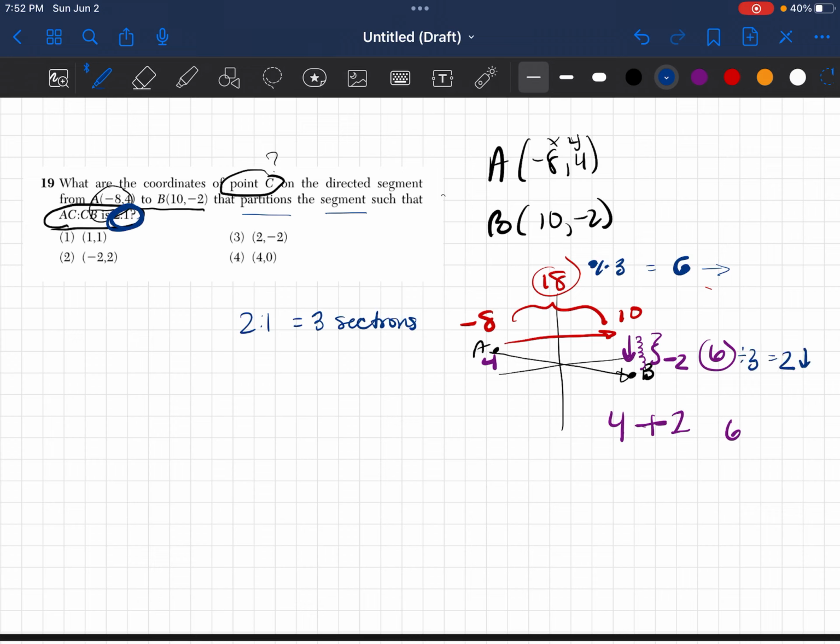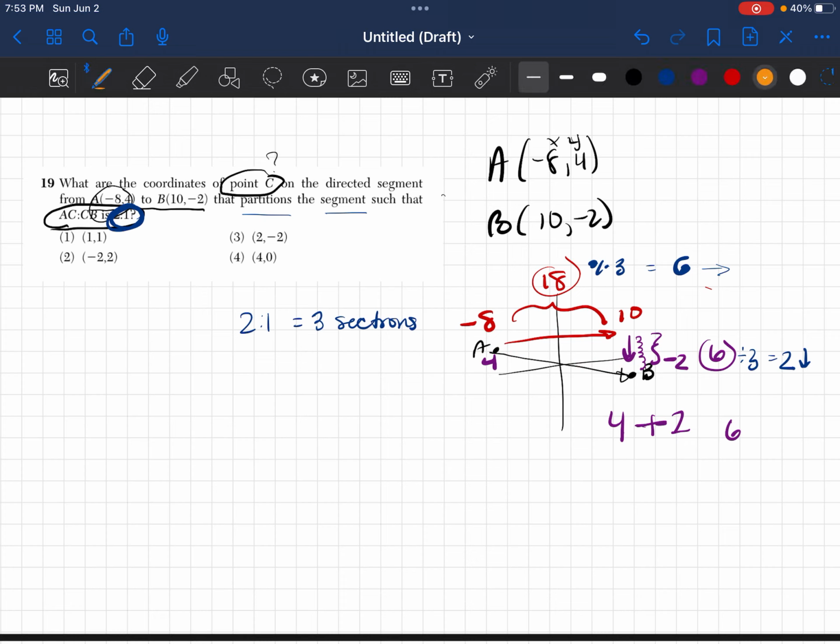So there's a change of 2 going down each time. So now I'm going to apply that 6 and that 2 to the original number to see where each piece is. So this might be where it's better to graph this on actual graph paper, because then you could physically count over 6: 1, 2, 3, 4, 5, 6, and then down 2. And you can keep repeating that each time.